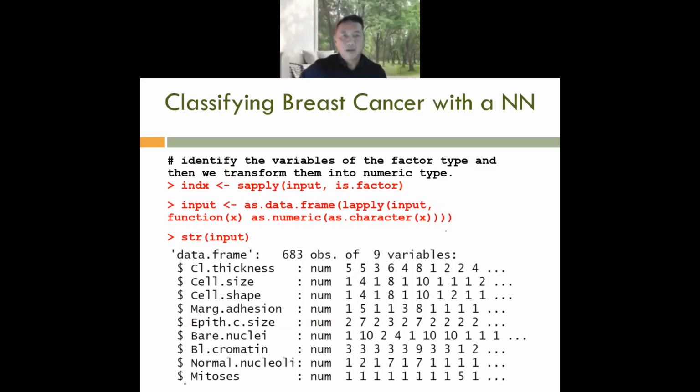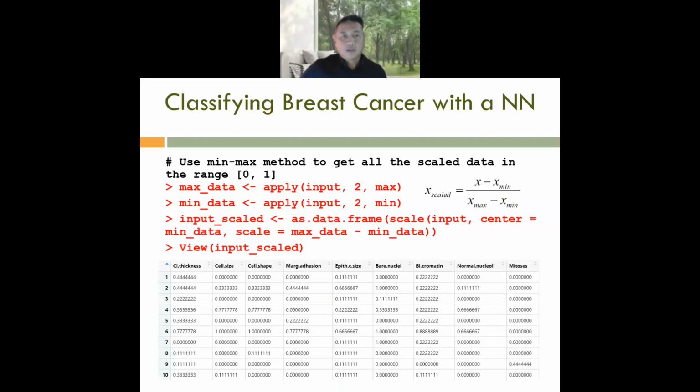How do we change them? We use the function as.numeric. We change all the x as character and also as numeric, then apply this function to all the input that we have and put it in the input again. So now we have all numbers here.